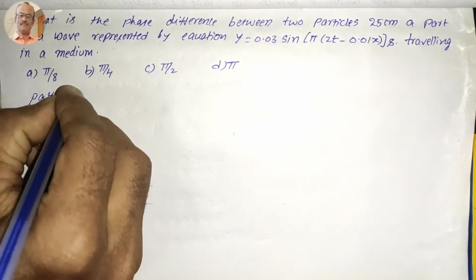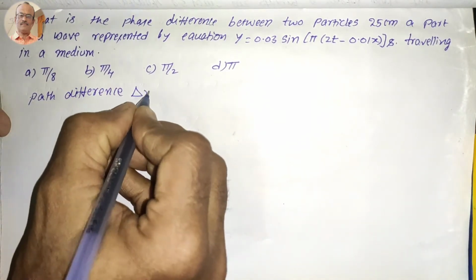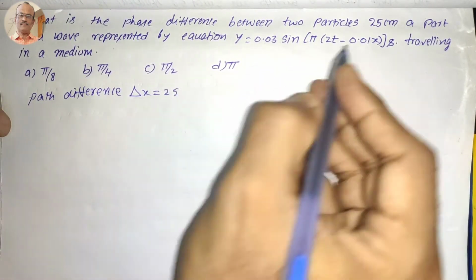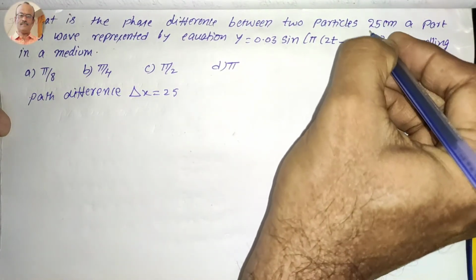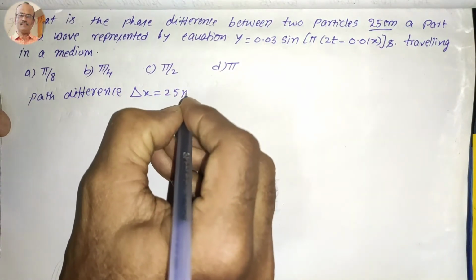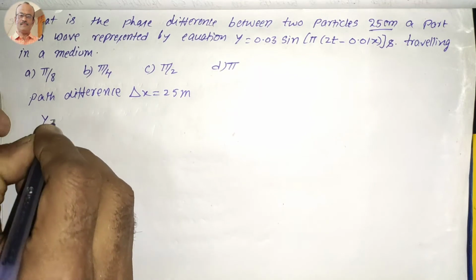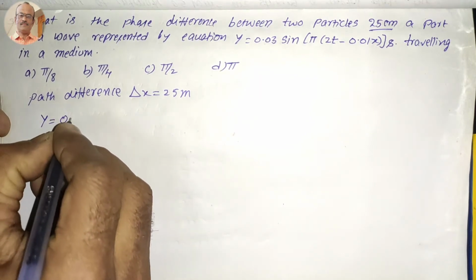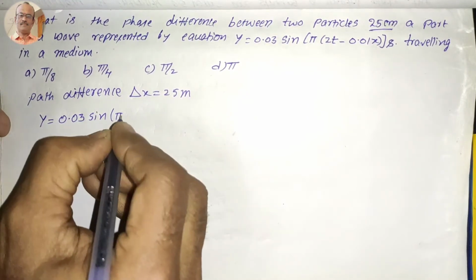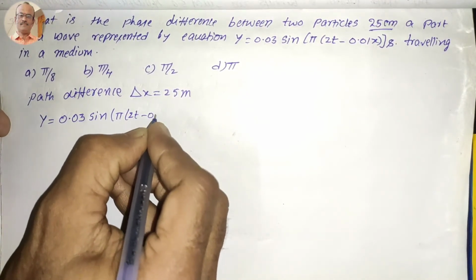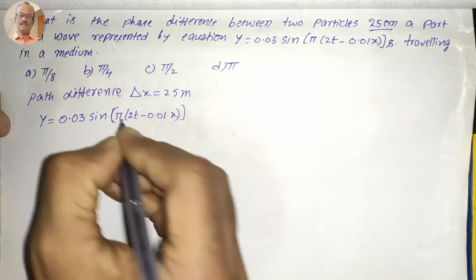So here path difference delta x is equal to 25 meters. Then afterwards here the wave equation is given y is equal to 0.03 sin pi times 2t minus 0.01 x. This is the wave equation.